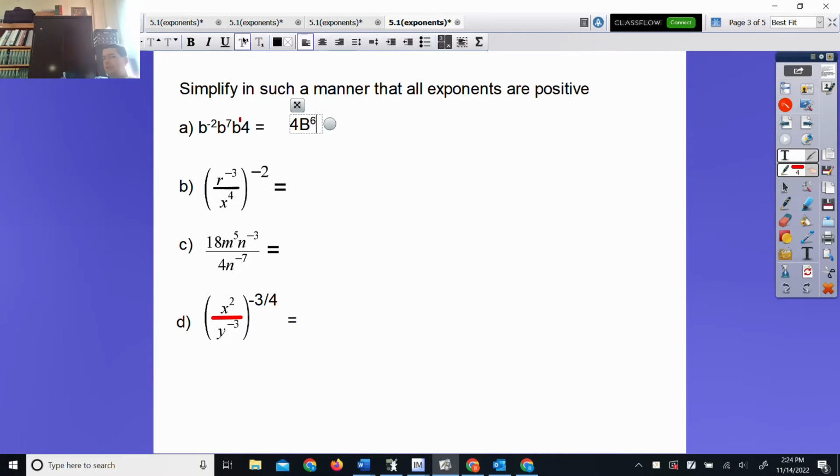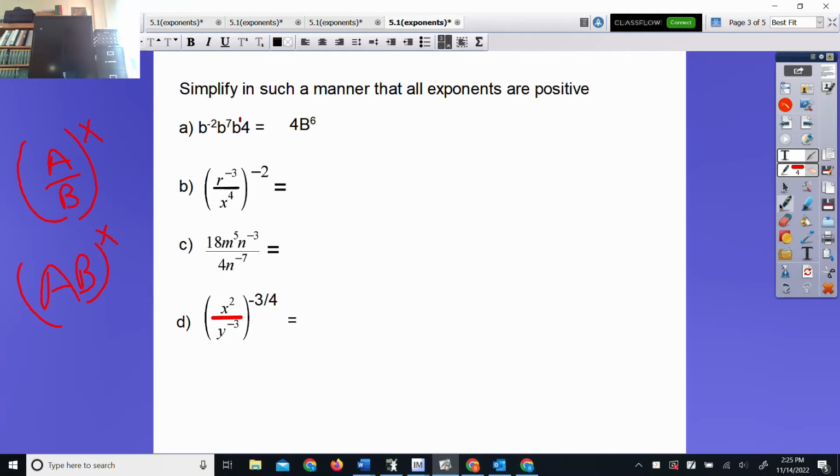Example B has 2 rules written in one. I don't actually know the names of them, and I don't expect you all to know the names. You've got a over b to the x. That's one of the rules you get to use. And you've got ab to the x.